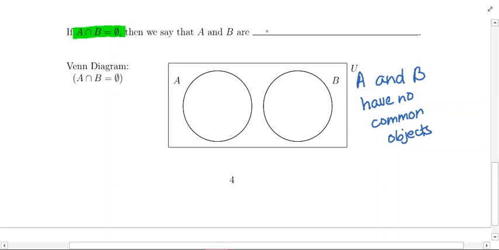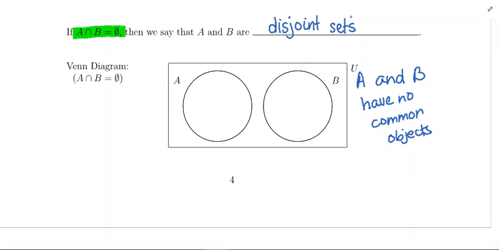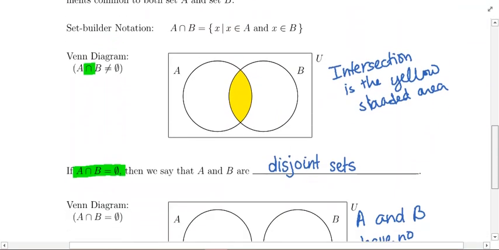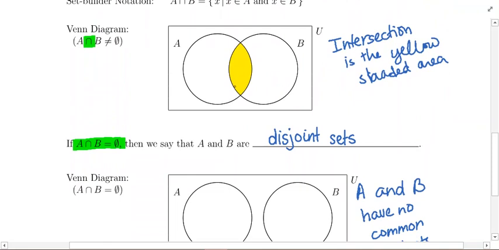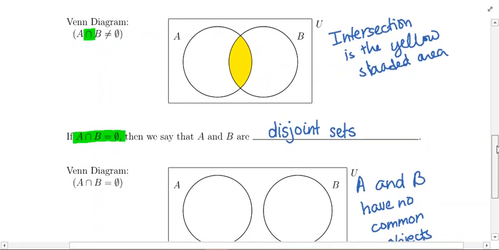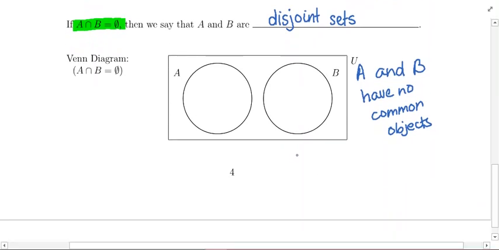The special name for this is that A and B are disjoint sets. Disjoint sets are two sets that do not overlap. They have nothing in common. And so obviously that would change your Venn diagram. If you have two sets with objects in common, they would overlap. If they have nothing in common, your Venn diagram would look like this, and they would be called disjoint sets.